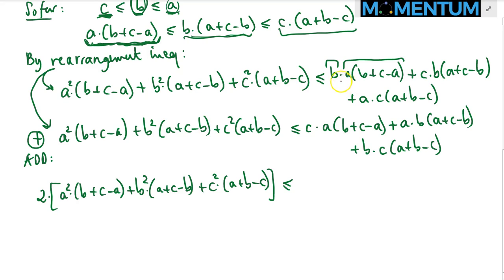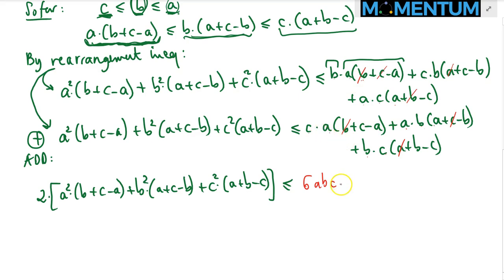So let's count the ABCs first. We have one ABC here, and then CB here, another ABC, that's 2 ABC, and then ACB, 3 ABC. We have CAB, 4 ABC, ABC, 5 ABC, BCA, 6 ABC. So we have 6 times ABC. What else do we have? B squared A here. Do we have any other B squared A term here? Not here.